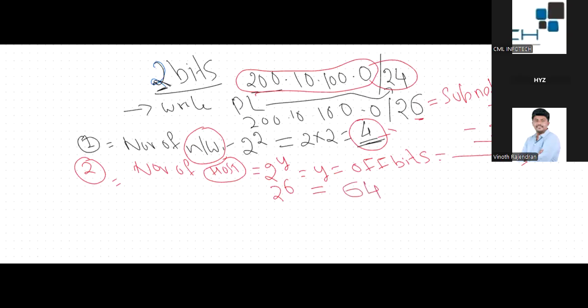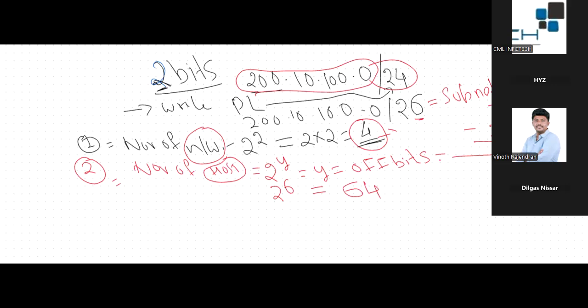Okay, so we'll calculate. 2 raised to 6: 2 into 2 into 2, 6 times.